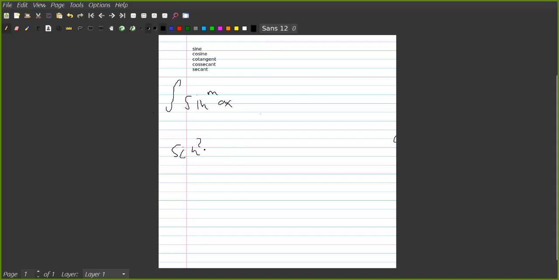So we know that sine squared x is equal to 1 minus cosine of 2x over 2.